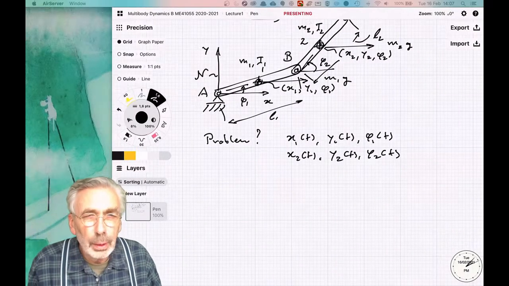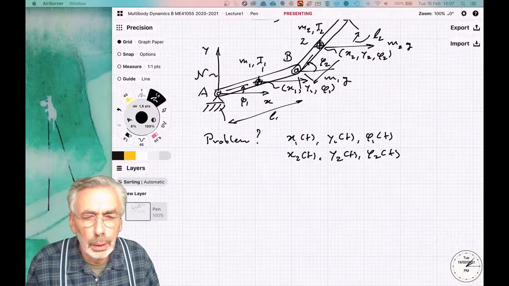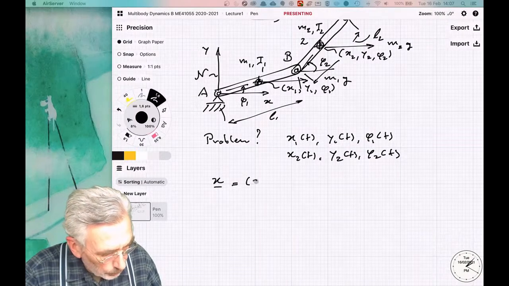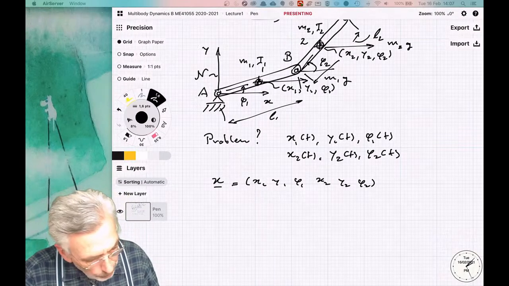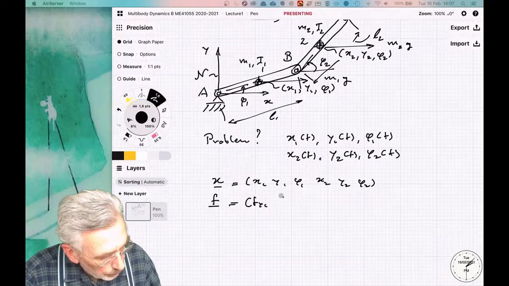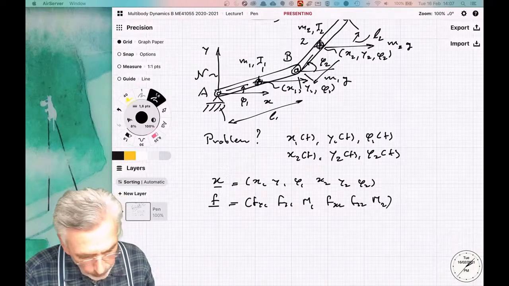Now for some notation, we like to think not in scalars. Up until now we used only scalars. We like to think in vectors. So we have a vector x, and the vector is x1, y1, phi1, x2, y2, phi2. Similarly, we have applied forces, and those are fx1, fy1, m1, fx2, fy2, and m2.